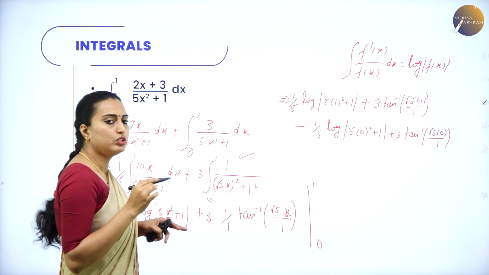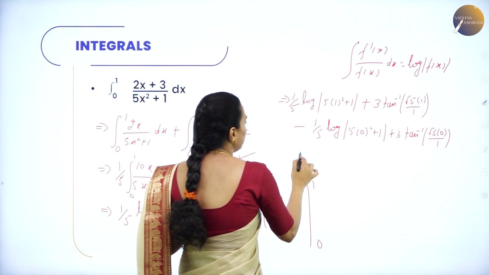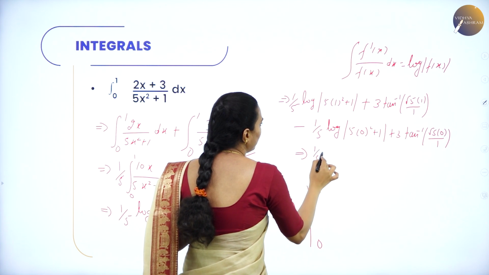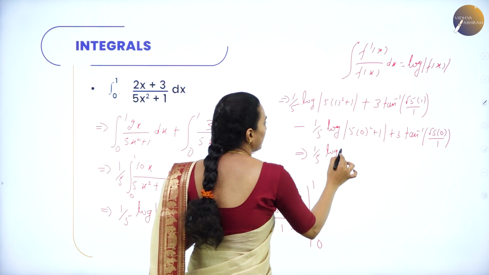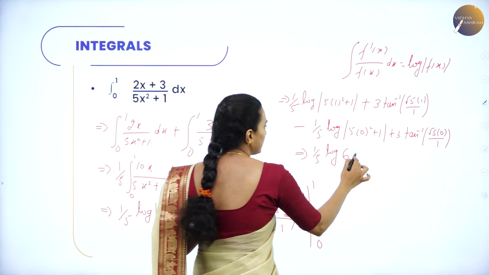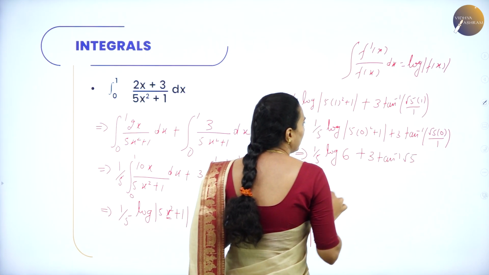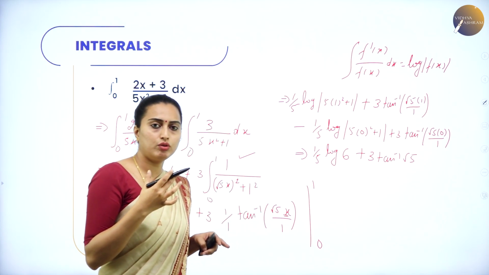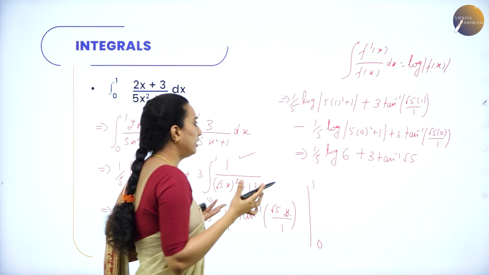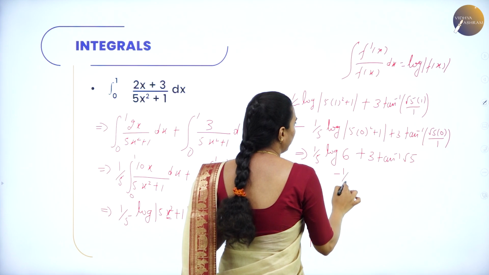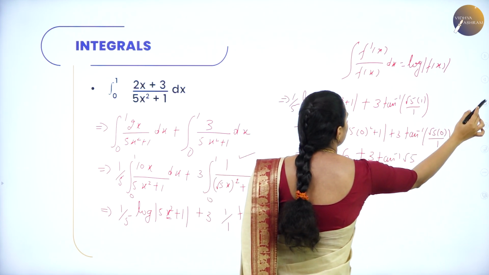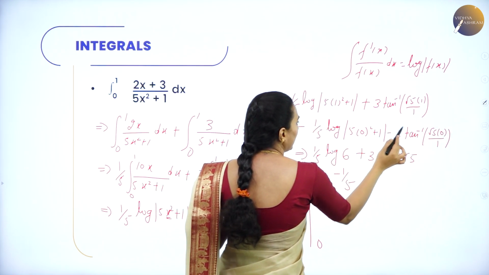So 1 by 5 into log of 5 plus 1 is 6, log 6, plus 3 into tan inverse of root 5 as it is. I am writing it directly because tan inverse of root 5 does not have a simple value here. Minus 1 by 5 into, plus into minus becomes minus, because you are going to multiply the minus symbol.